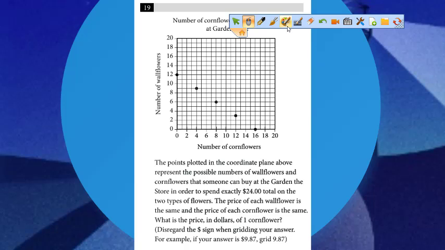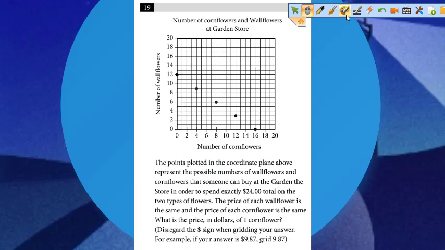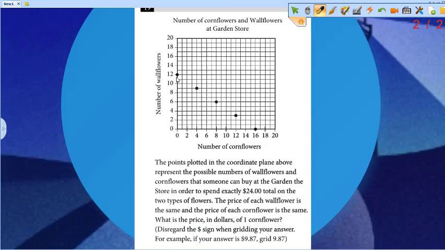Yes, look at this one. It's a big text. The number of cornflowers and the number of wallflowers at a garden store. What does this dot represent? If I take this point, for example, it's (0, 12). It means 0 cornflowers and 12 wallflowers.